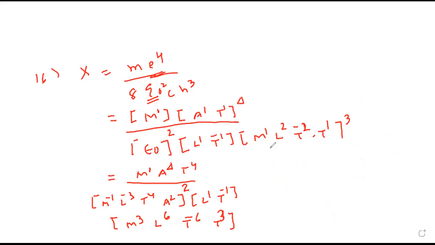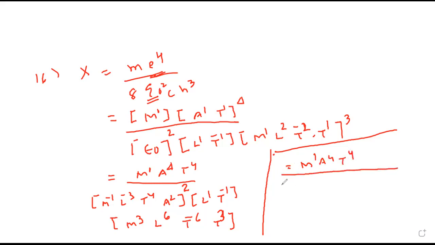Done, sir. Just one more line. Simplifying this: M1 A4 T4 upon M minus 2 L minus 6 T8 A4 L1 T minus 1 into M3 L6 T minus.